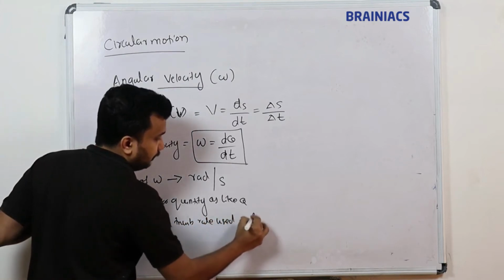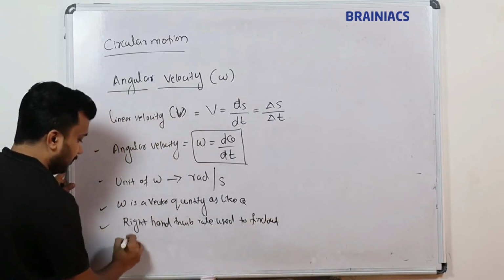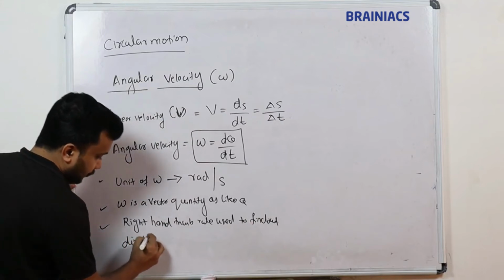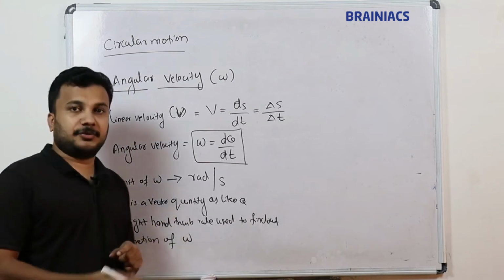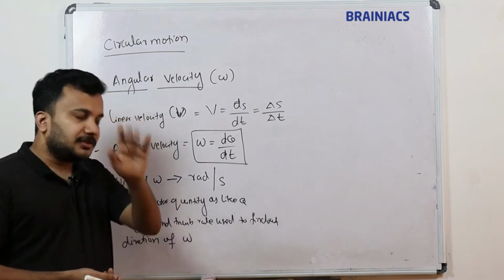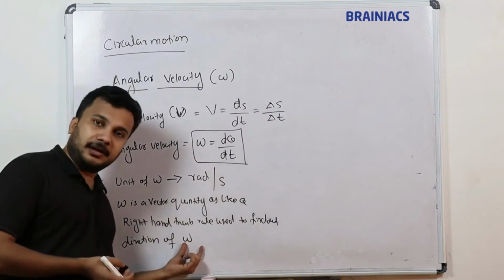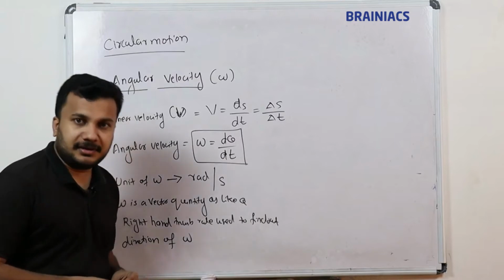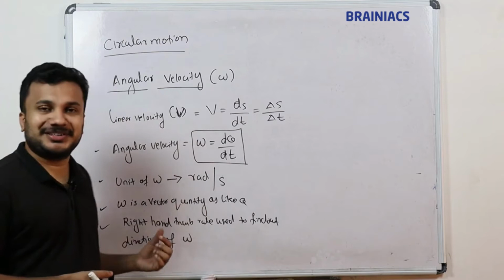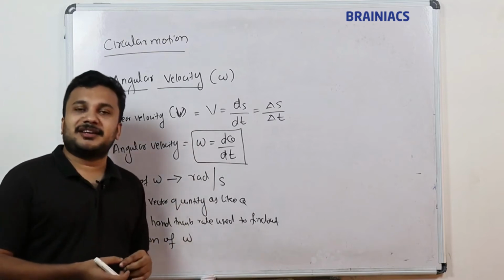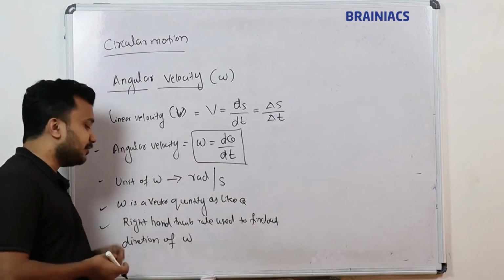The right hand thumb rule is used to find the direction of omega, and in the same way the direction of theta can also be found using the right hand thumb rule.